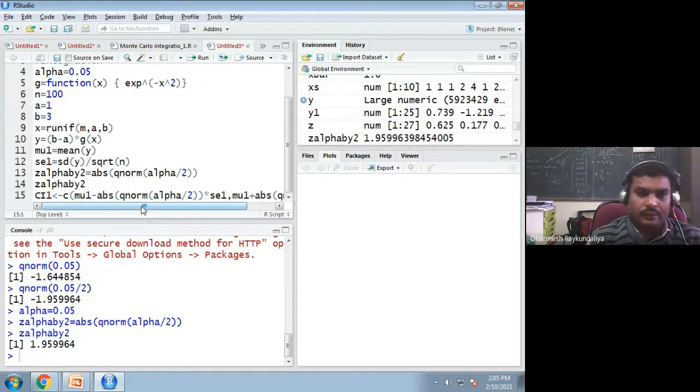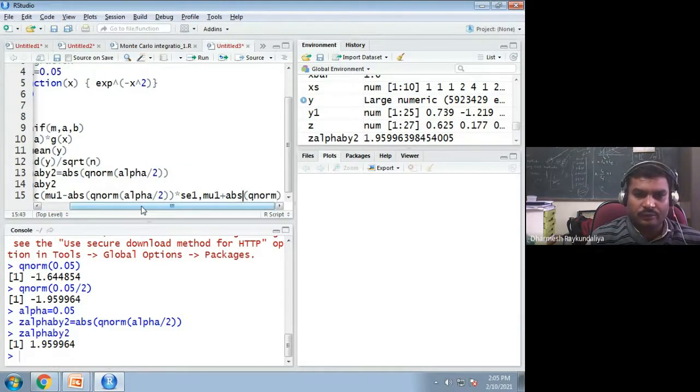It is 1.96. Okay. Now, because otherwise it becomes more complicated, what I do, I'll just remove this and write z alpha by 2. And then it is plus z alpha by 2 into standard error.